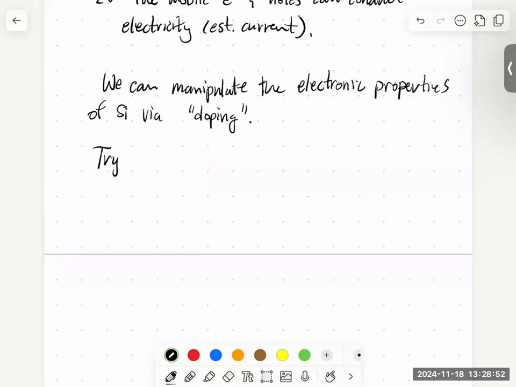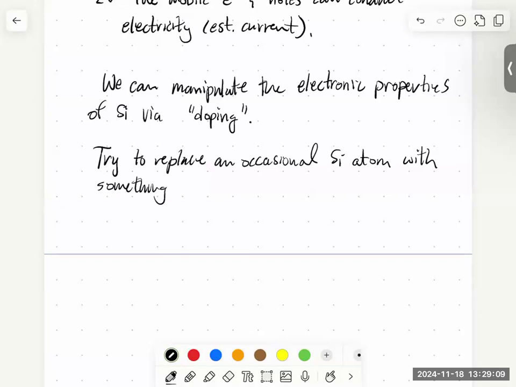So we'll try to replace an occasional silicon atom with something that has either 5 or 3 valence electrons. We'll start with 5.